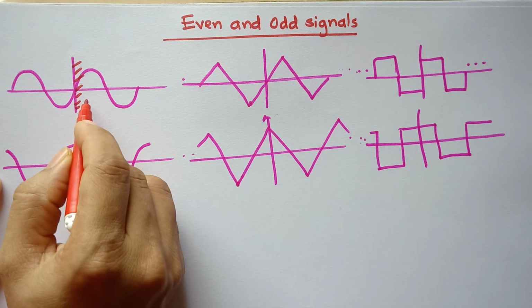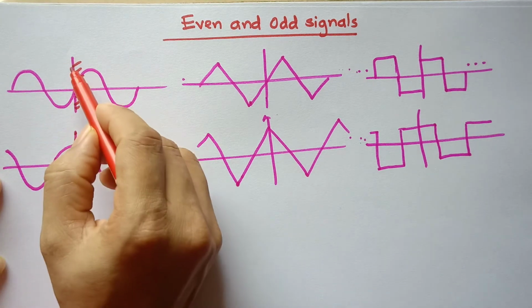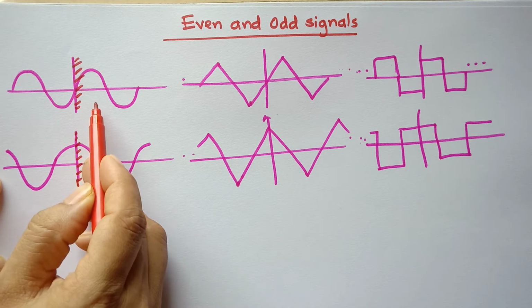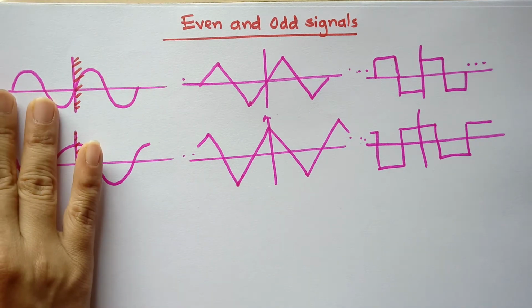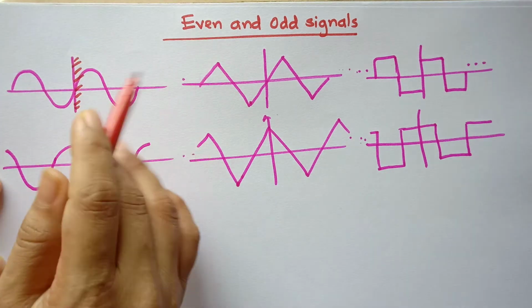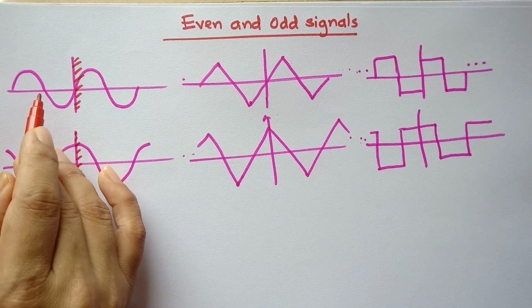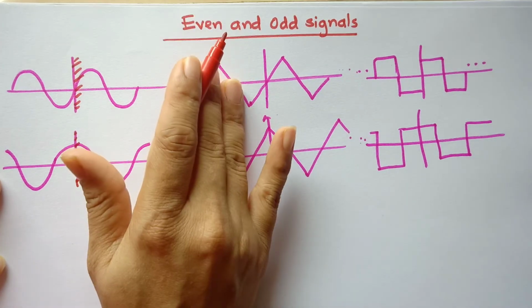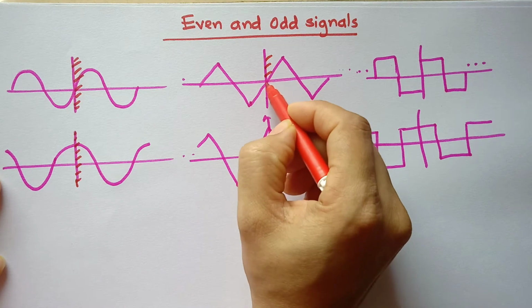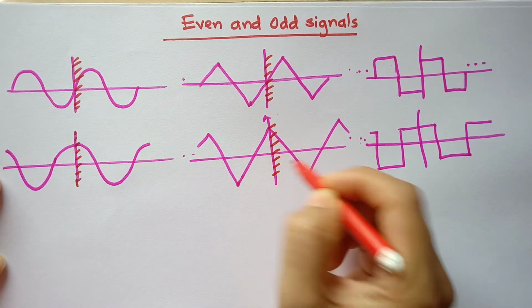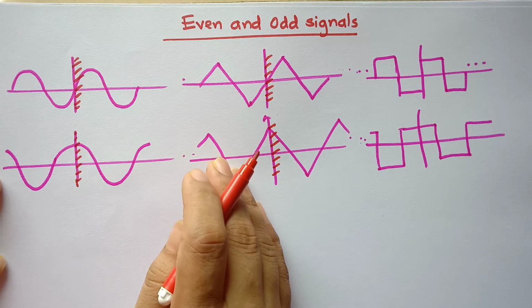But in the case of the upper images, if we place a mirror here, this is not the mirror image of this part. So this is not a mirror image. Here also you can see this is not a mirror image of this if we place a mirror here. But this is a mirror image of this part.